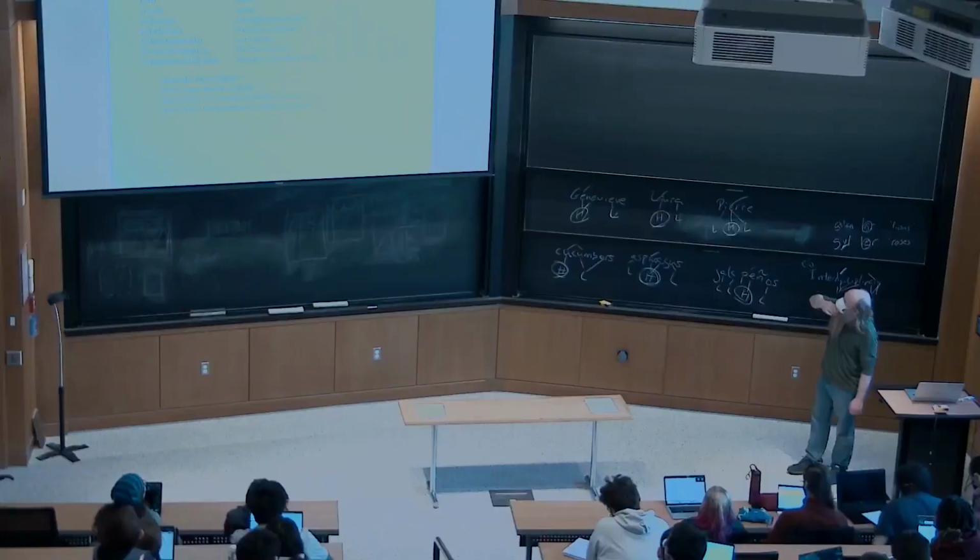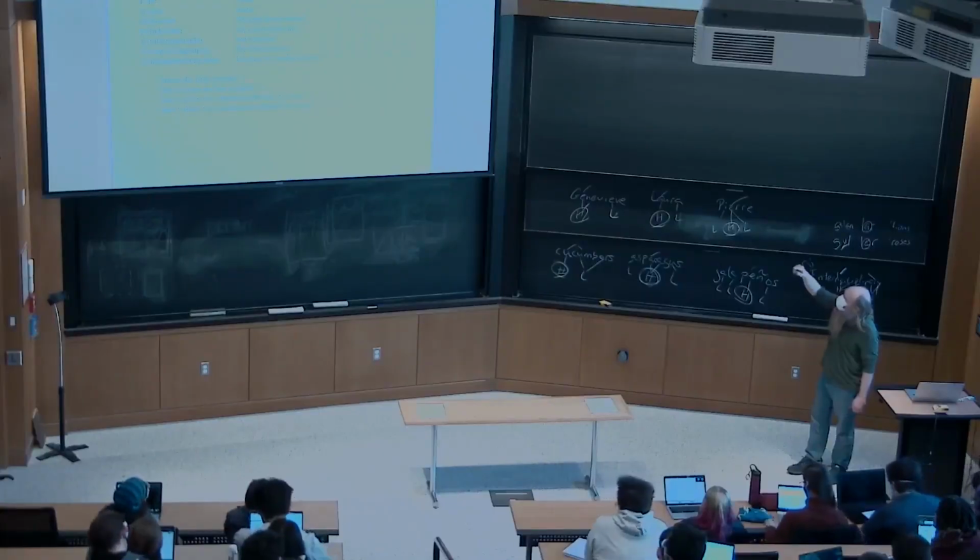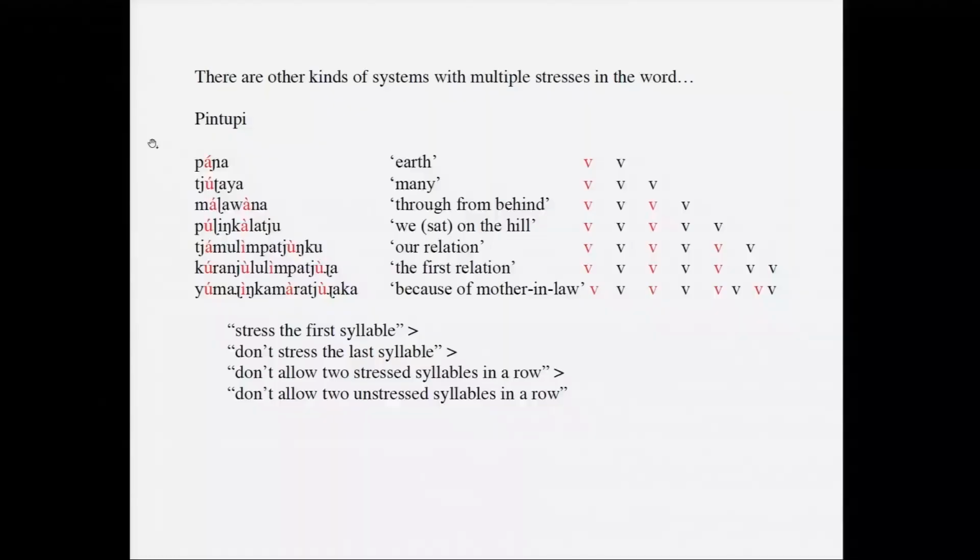In a language like this, whenever you have an odd number of syllables in your word, you can achieve the first two: stress the first syllable, don't stress the last syllable. And actually the next one, don't allow two stressed syllables in a row.